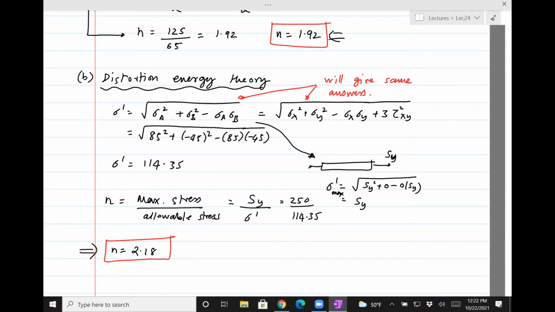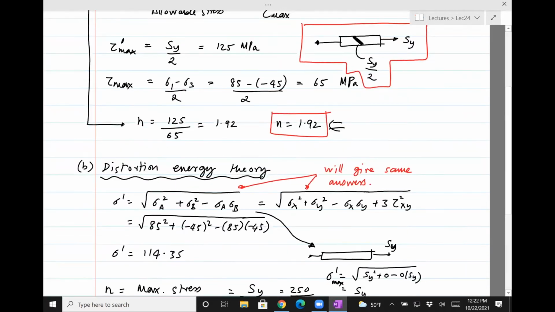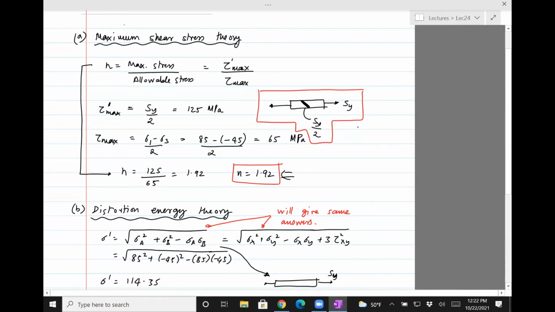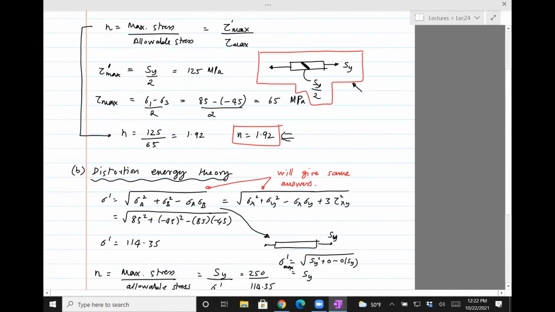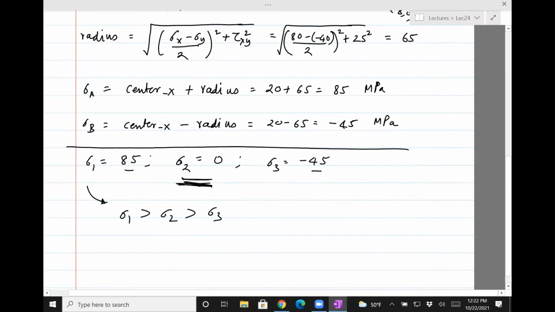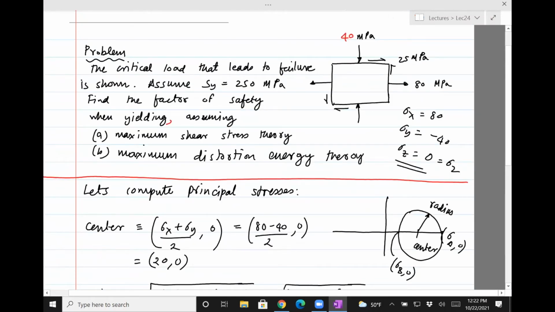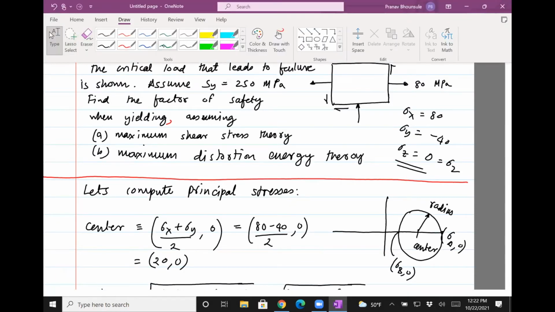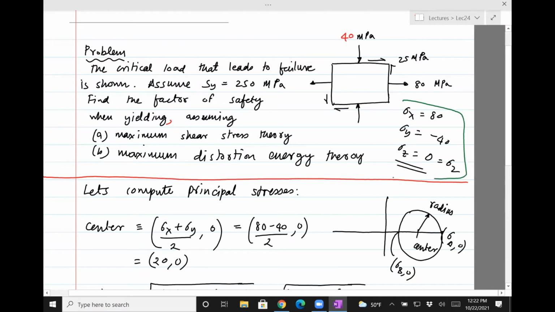Go back to the actual problem. Yeah, sigma z is 0. Okay.